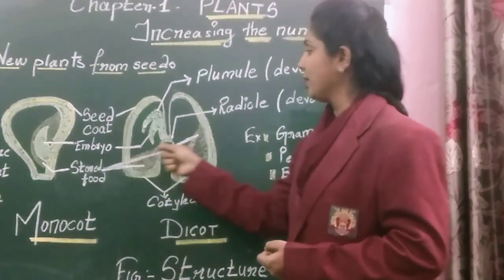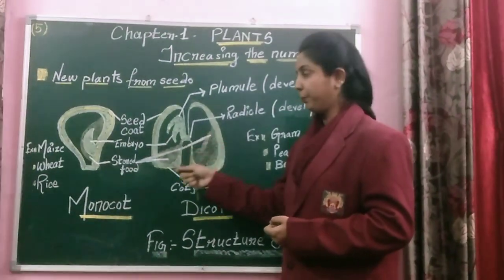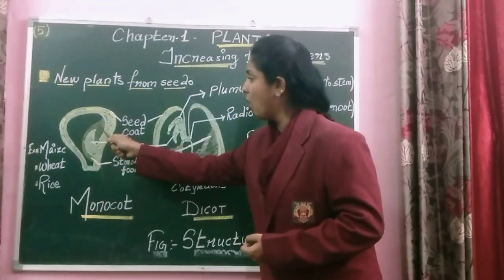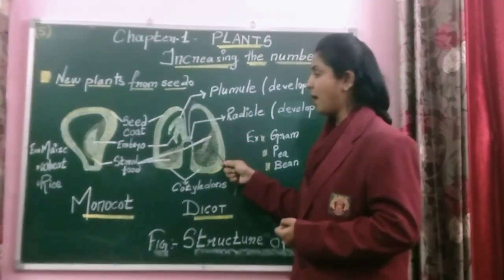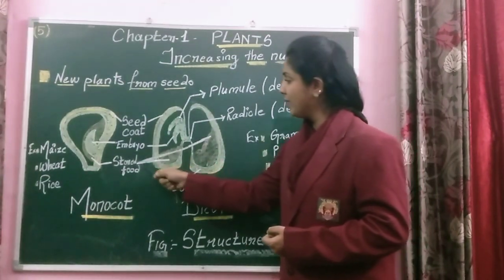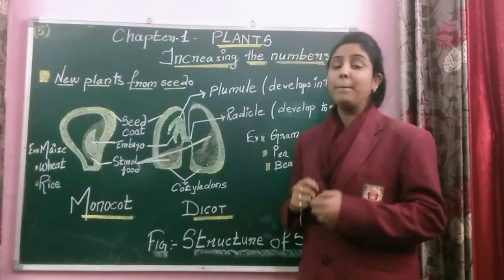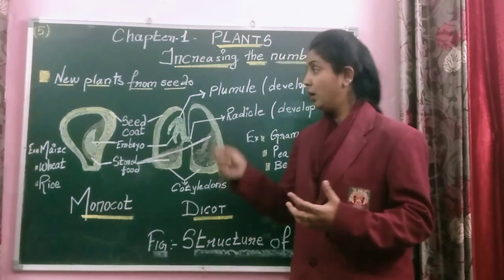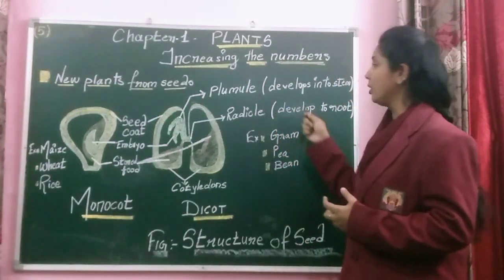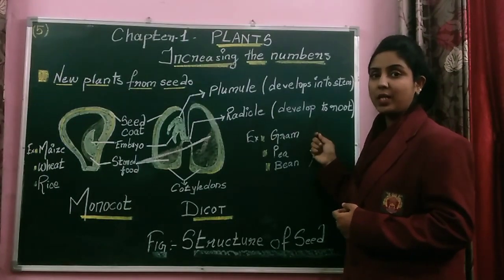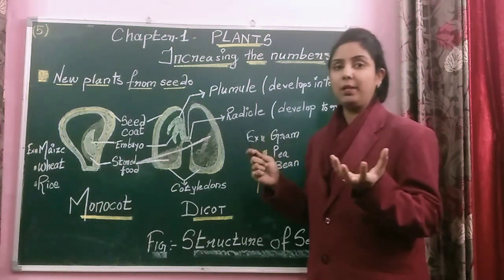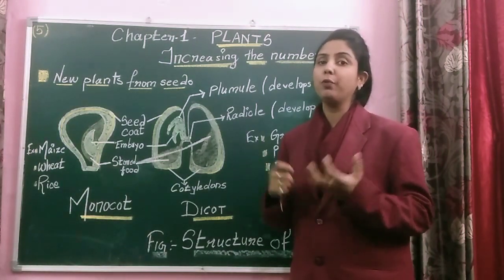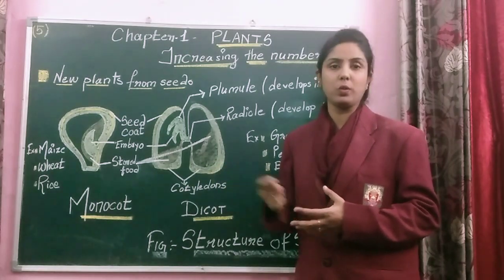So those are the parts of the embryo. Now, here you can see the orange part that I have marked in the diagram. This is the stored food, because the baby plant does not have leaves. The plumule and radicle have not yet developed into the root and stem, and there are no leaves, because leaves prepare food for the plants with the help of photosynthesis.